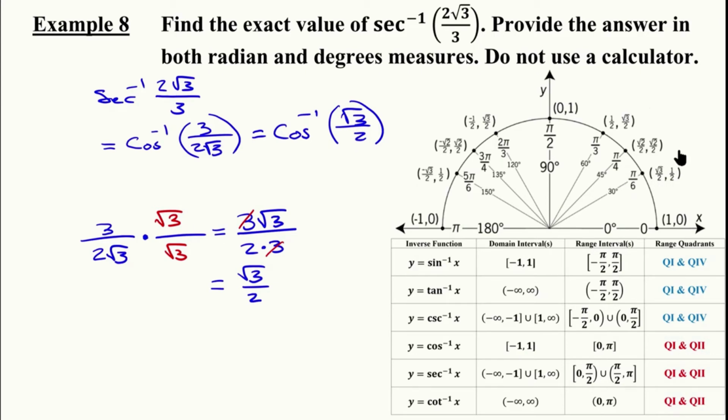And of course, when you look in here, you can see that the angle whose x value is square root of 3 over 2 is right there, pi over 6. So we're going to say equals pi over 6, or we want both radian and degrees. So 180 over 6 we know is 30 degrees. So that's how you handle a problem like that.